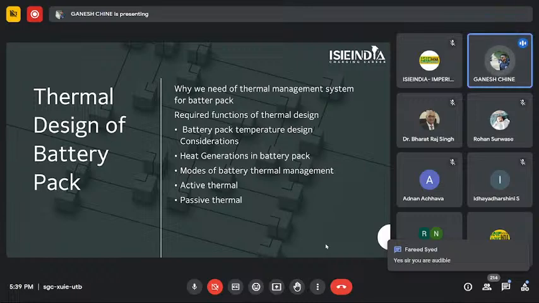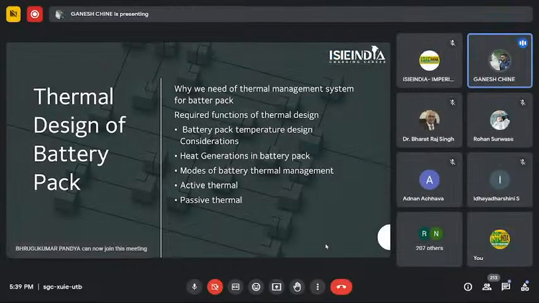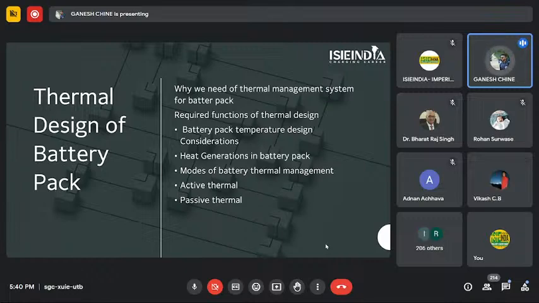We use active and passive cooling systems for battery cooling purposes. According to the application, we can suggest which kind of cooling system is suitable, which kind of cooling system we require according to the application.